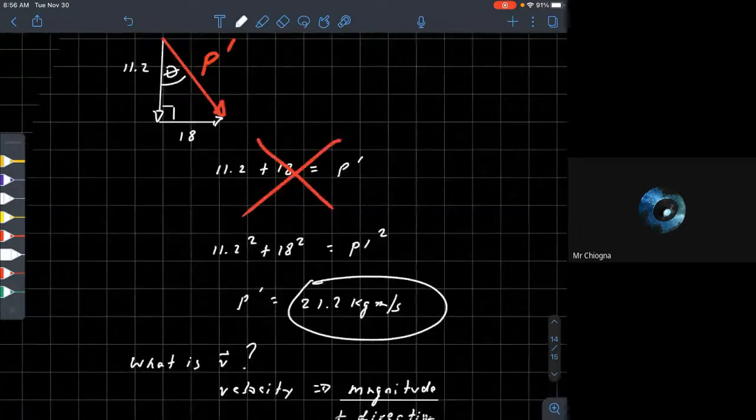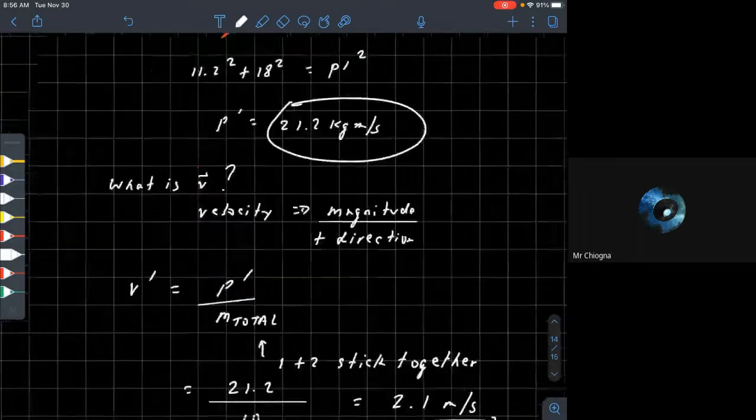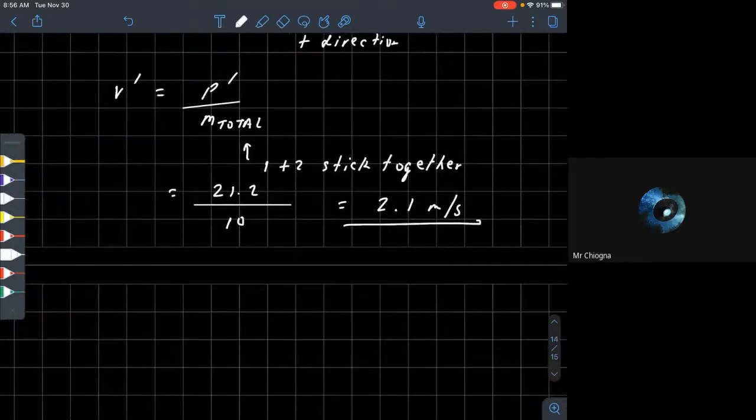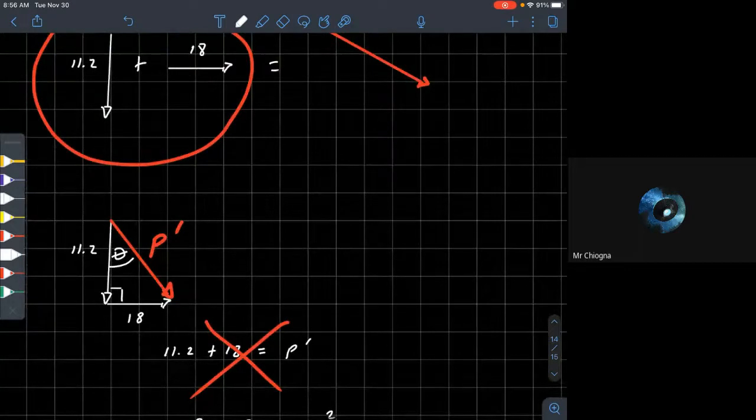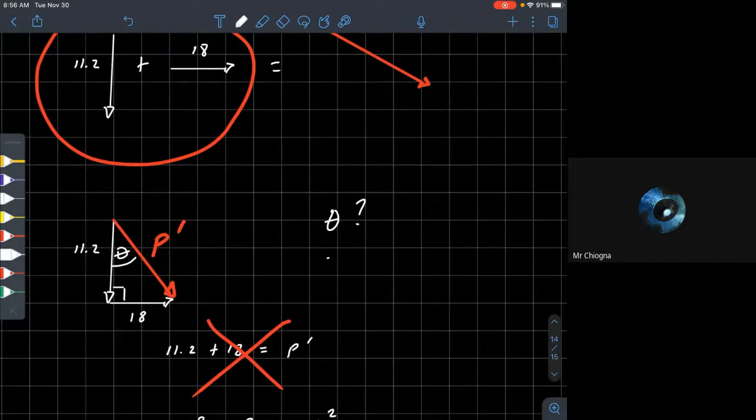So the angle, going back to the diagram here. Everyone got this? Is that clear? I'm going to go back to the diagram. What would you use to find theta? There's your hint. Tan of theta is equal to 18 over 11.2.